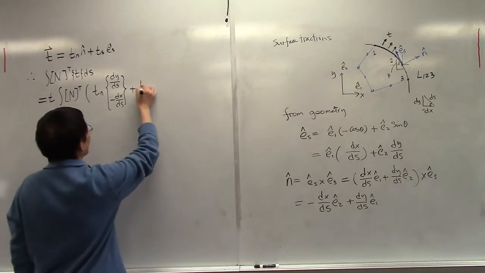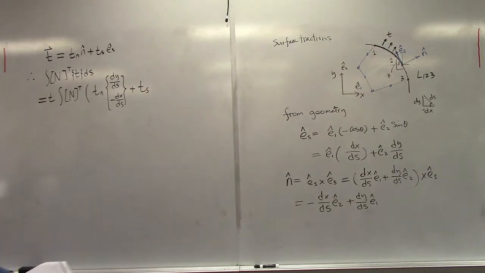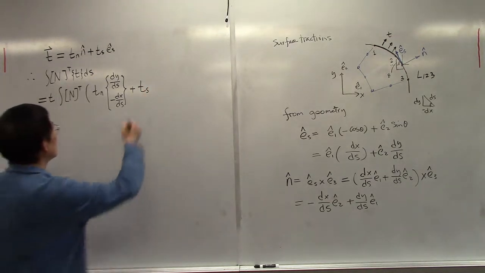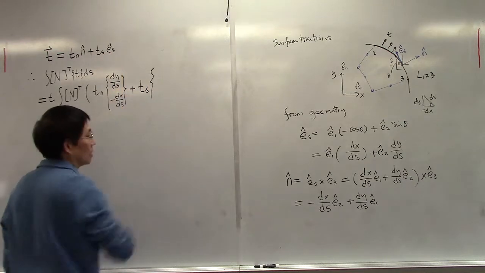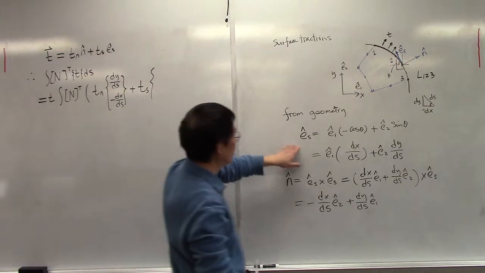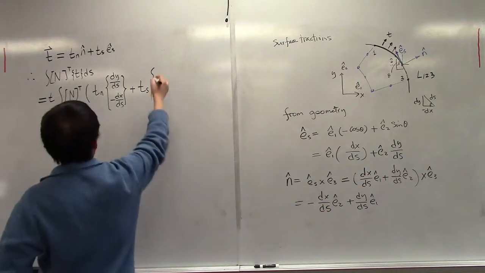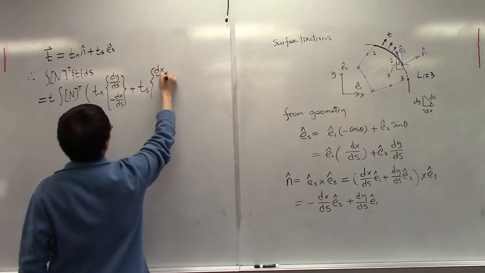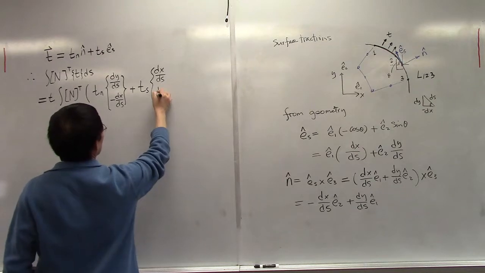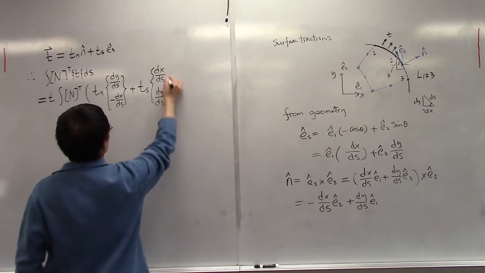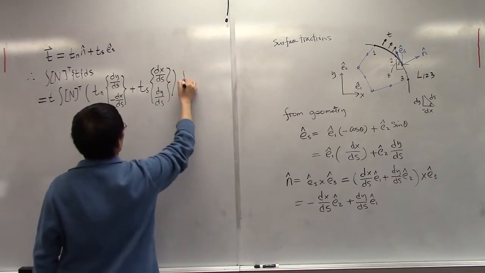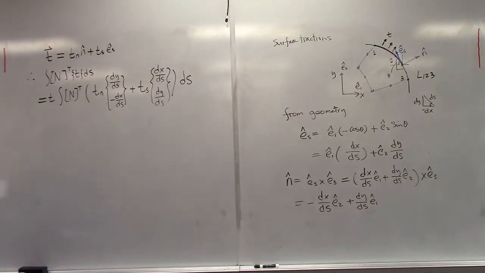And then we have the tangential component times this es vector, x component is that, y component is that. So it is dx ds, and then dy ds. Okay.